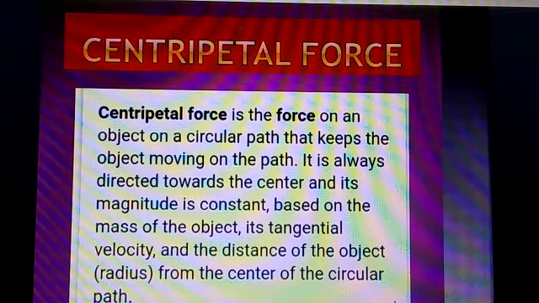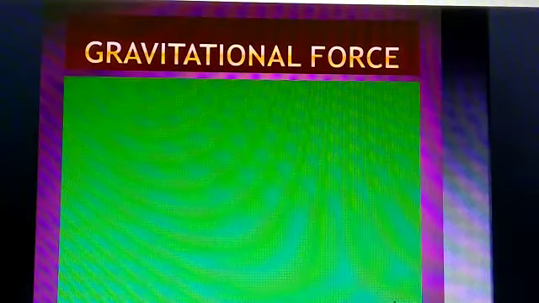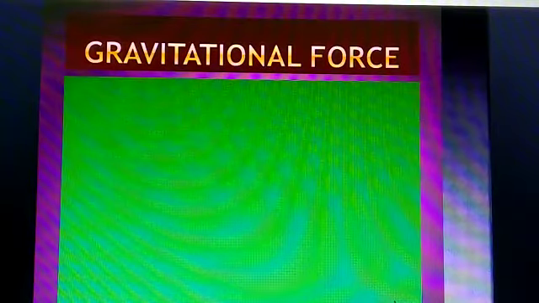if any object falls from a certain height, it falls towards the earth only, not moving upwards to the moon or some other place. So we can see that the force beyond that activity is a gravitational force.